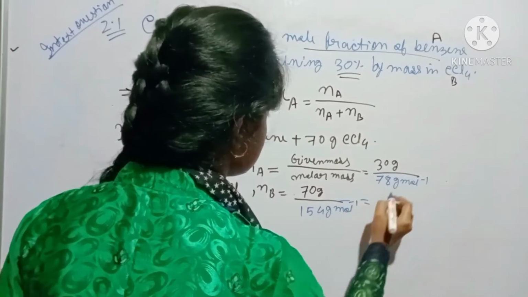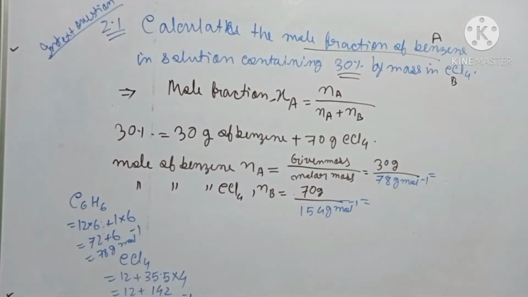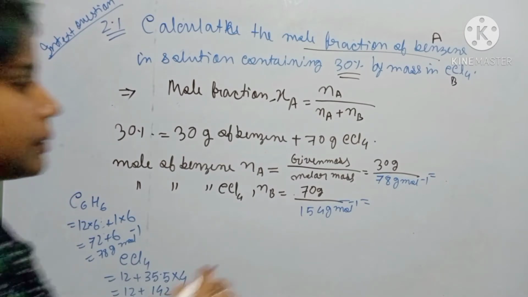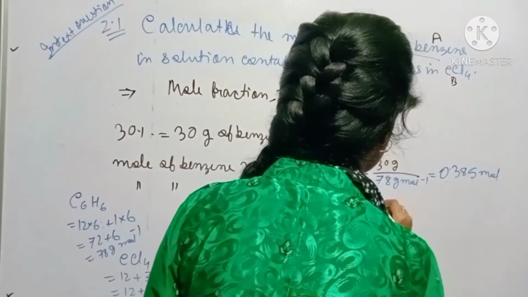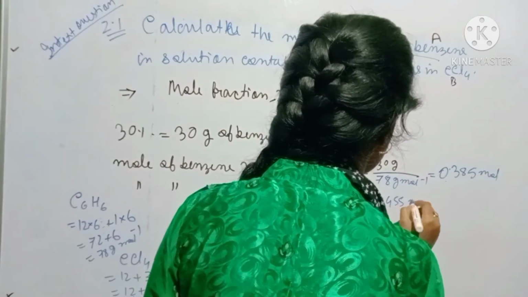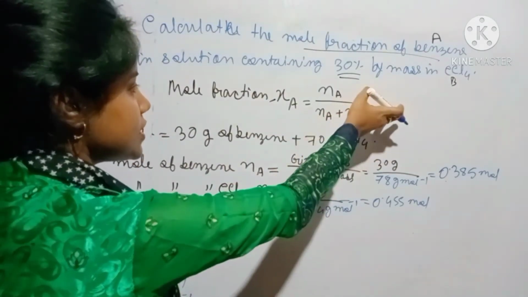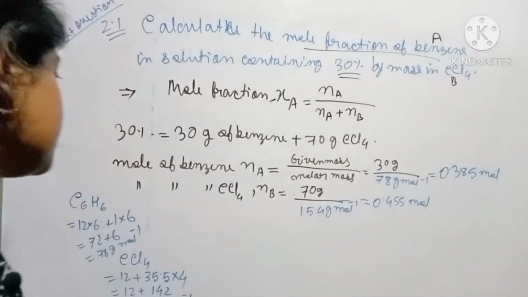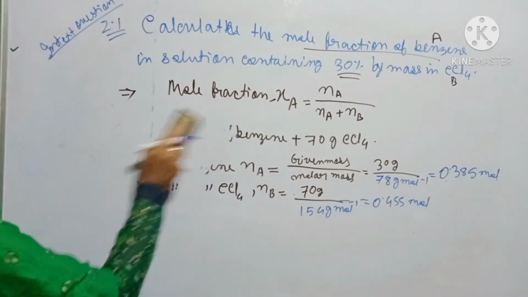If we calculate these two values, we get around 0.385 mole and 0.455 mole. So we have the values of nA and nB. We just put these in the equation, and in this way we solve our problem.